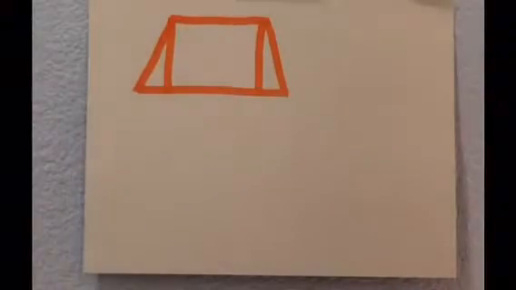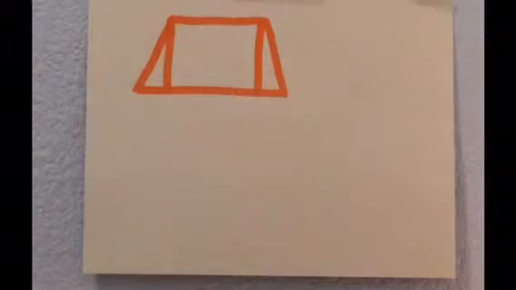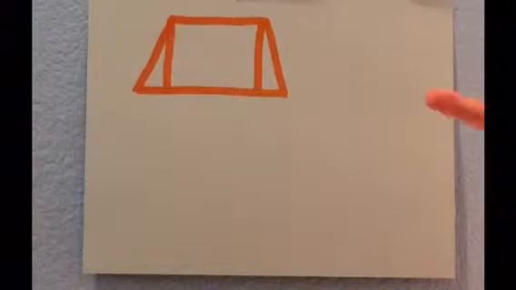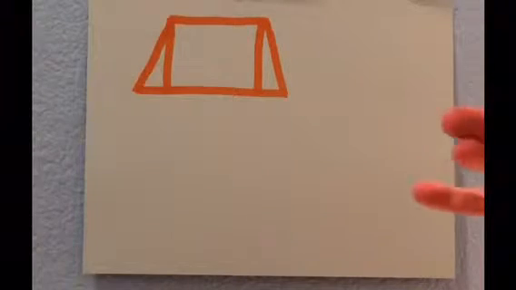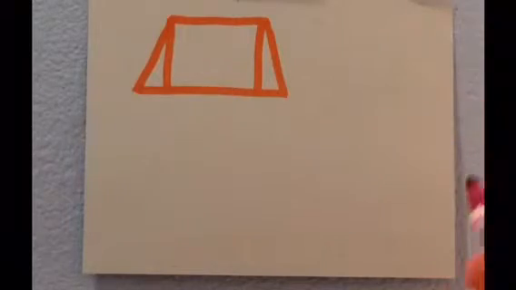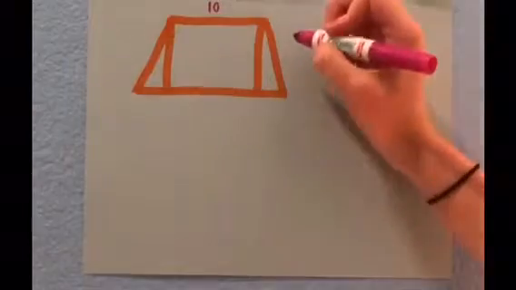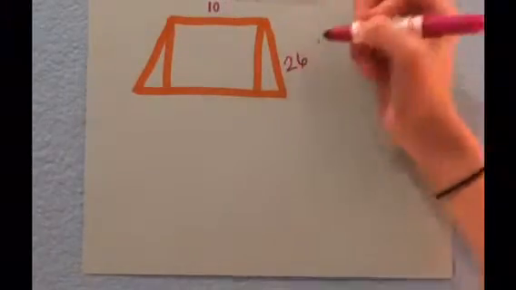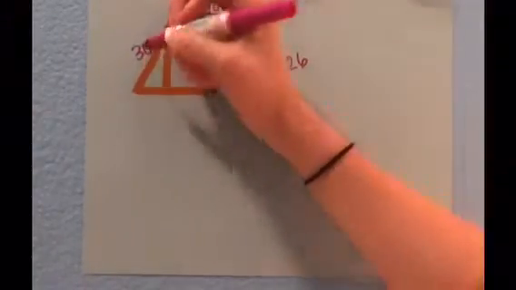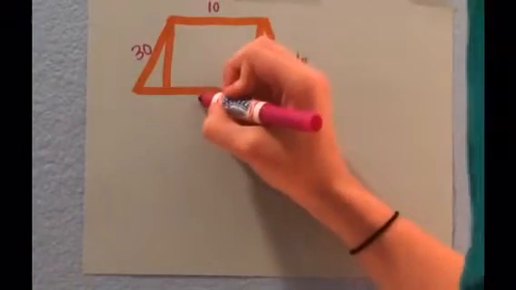So in this problem, we are working with a trapezoid. And this is not an isosceles trapezoid, so these are not equal. And so this side is 10, this side is 26, this side is 30, and this side is 38.